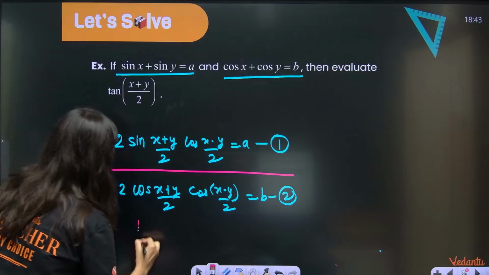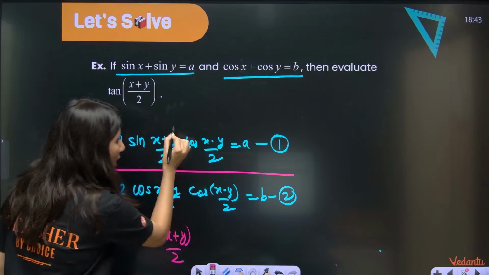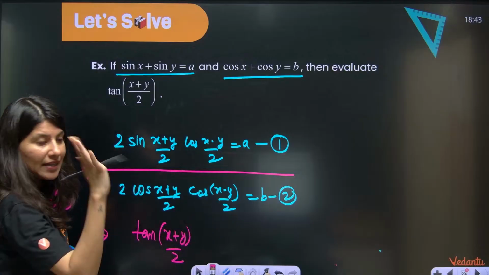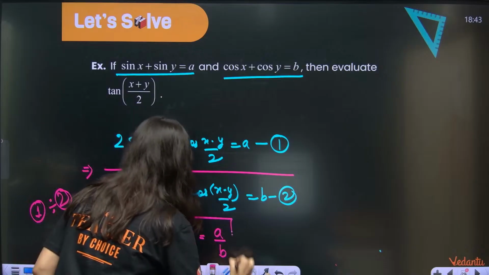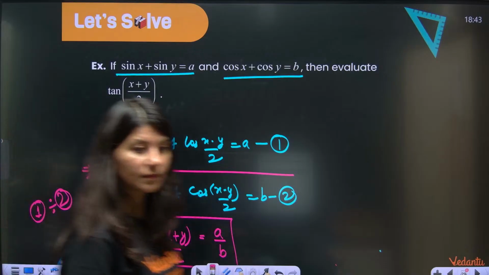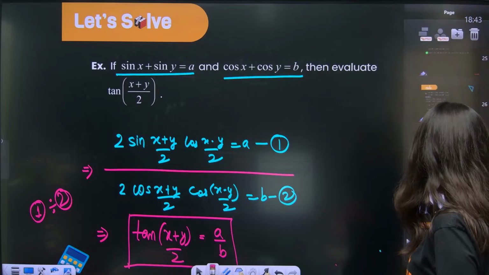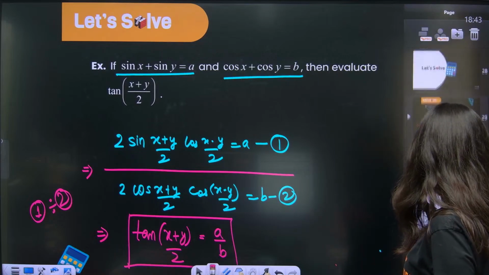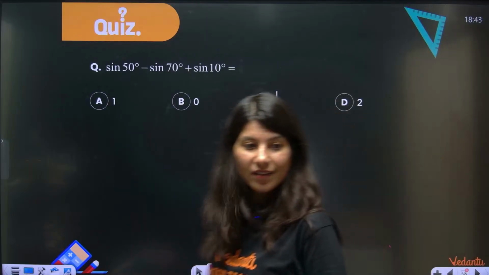Sin by cos is tan (x plus y)/2. Cos (x minus y)/2 cancels. It is equal to A upon B. Okay, everyone. Easy question. What do you think? Easy peasy? Lemon squeezy?